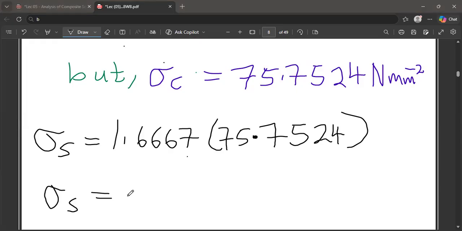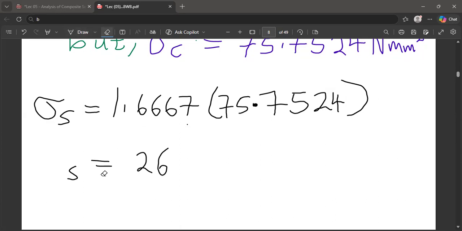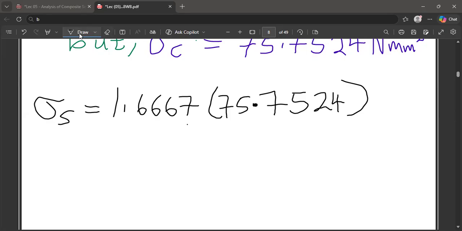As simple as that. So our final answer is what? Better still, I can denote this with a different color pen to finalize our answer.